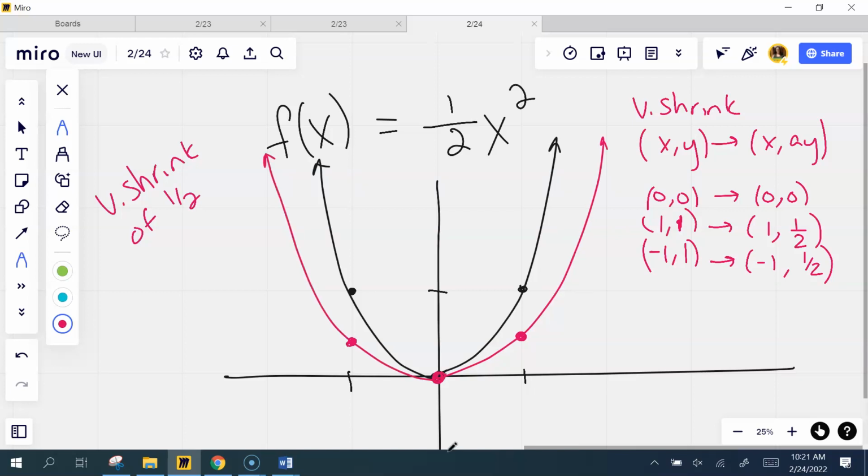Does that look like a vertical shrink? Looks like you smushed it down and it's coming out the sides, right? Does that make sense to everybody? The verticals are easy. The horizontals get a little bit harder.